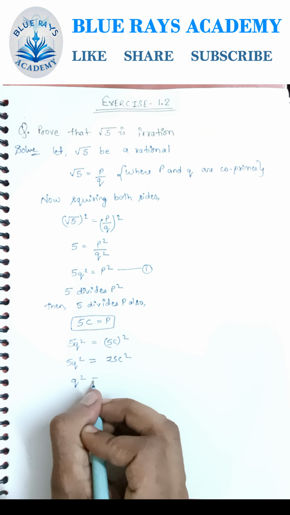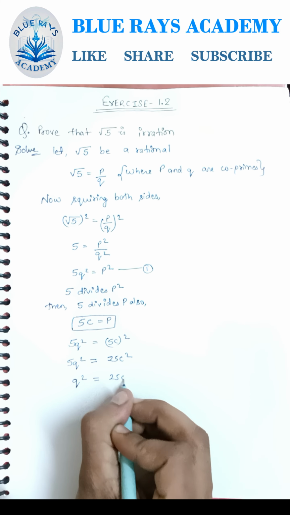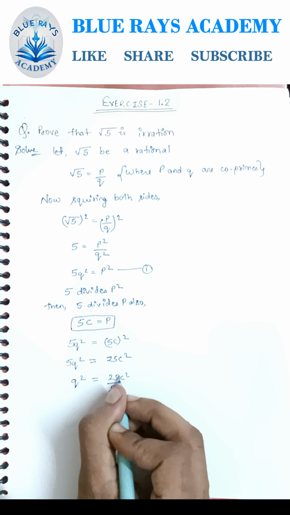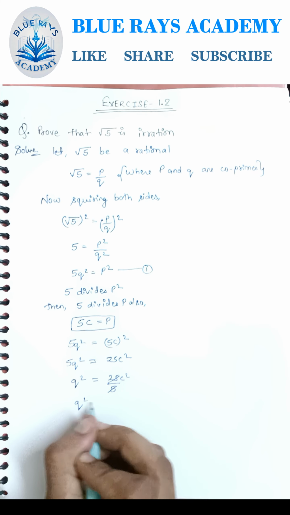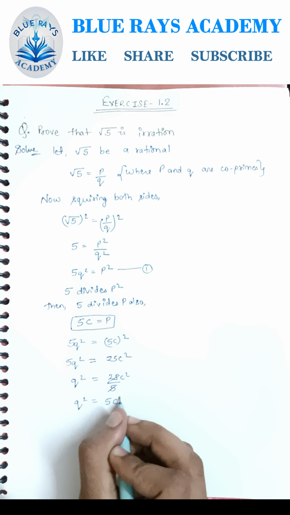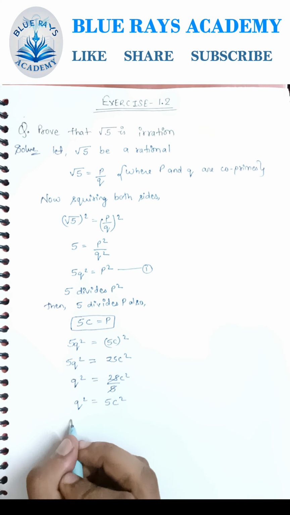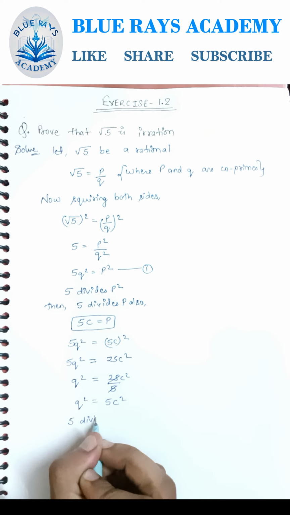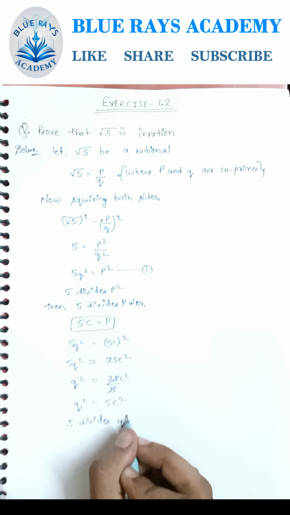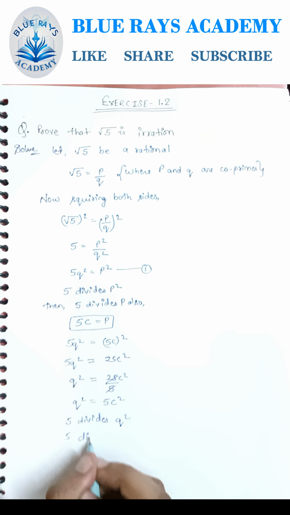Q square is equal to 25c square upon 5, so q square is equal to 5c square. Now if 5 divides q square, then 5 divides q also.